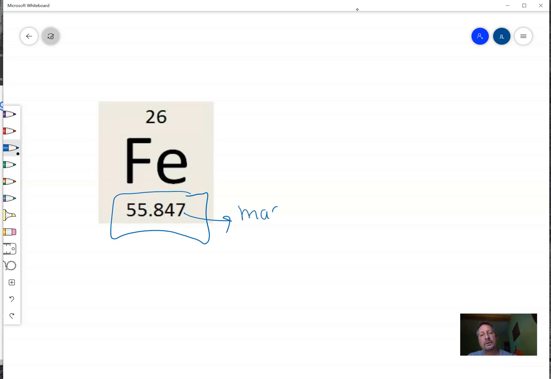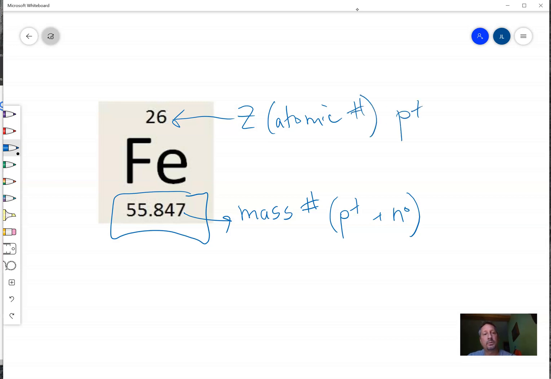This is going to be the mass number, and that mass number means it's the protons plus the neutrons, which means this is Z, the atomic number, and it is the protons. So right now you can figure out the protons, the neutrons, and if it's neutral, the electrons. Go ahead and do that. Take a little bit. Go.